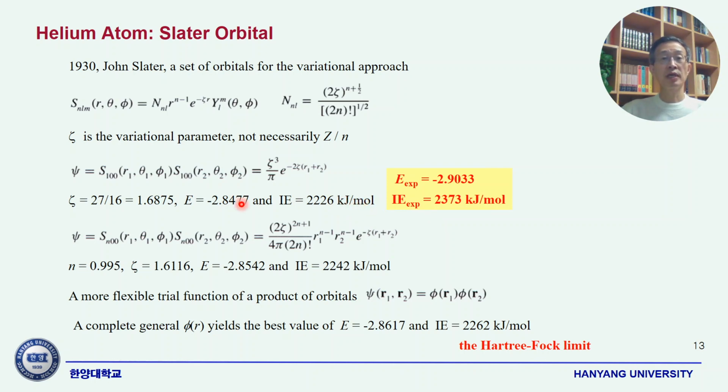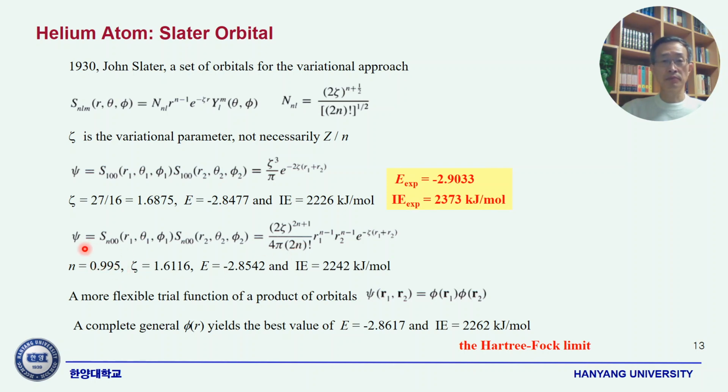So you can improve this trial function by including more variational parameters. Obviously, n was 1 in the previous case. So now put n equals n, and treat n as a variational parameter. So your psi has n as a parameter now.